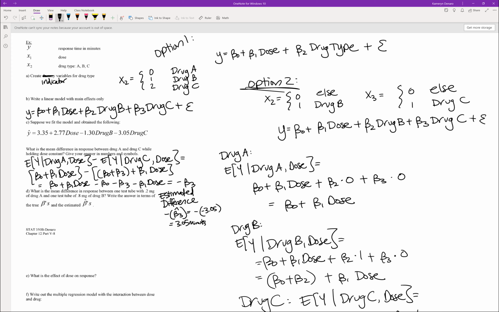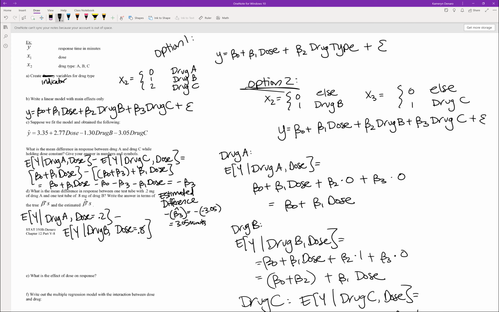All right, so here it says, what is the expected value of Y given you have drug A and that the dose equals 0.2, minus the expected value of Y, given you have drug B and the dose equals 0.8.